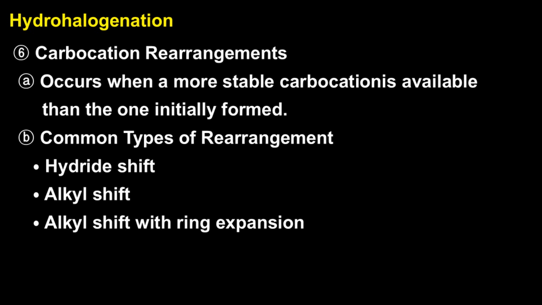Before we finish, there's one more concept we need to talk about: carbocation rearrangements. These happen when the first carbocation that forms can shift into a more stable one. And since stability drives reactivity, the molecule will often rearrange itself if it leads to a lower energy intermediate. Now, there are a few common types of rearrangements you should be familiar with.